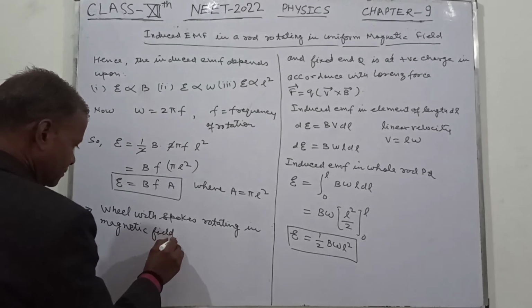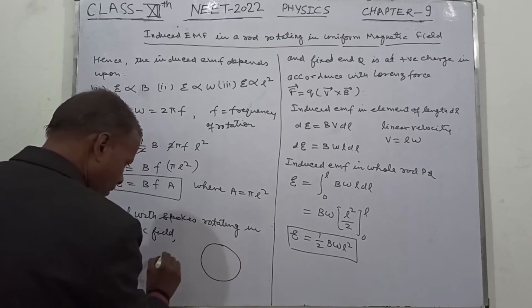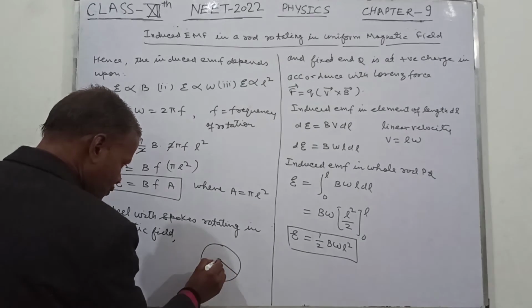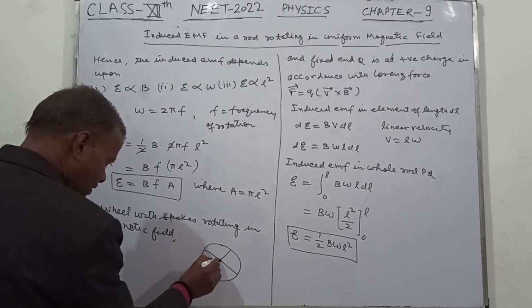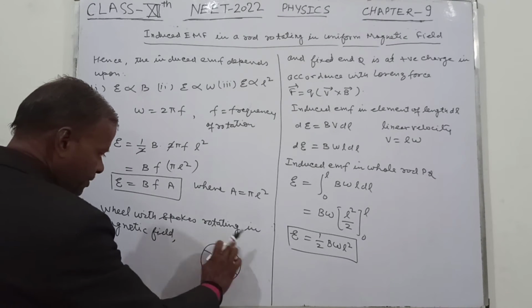Suppose this is the wheel, this is the center, and these are the spokes. There are so many spokes, like this. This is the wheel, then this ring.